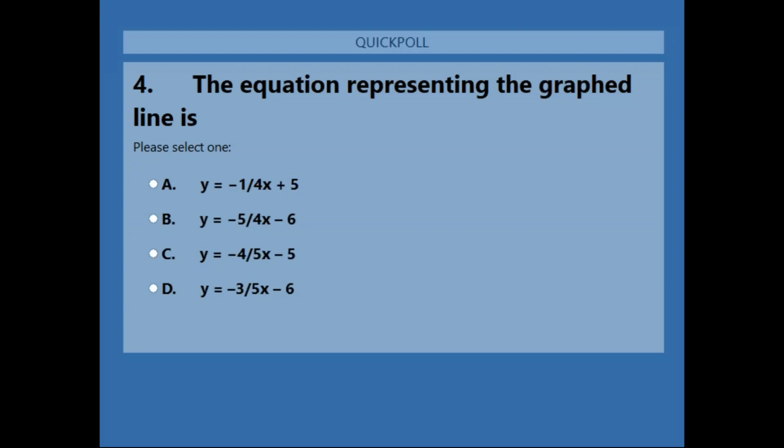All of them had negative slopes, so that was not helpful to eliminate some answers, but the y-intercept can help us to eliminate some answers and not get near them because they will definitely be wrong. And then choose the right answer from the ones left over from the given choices.